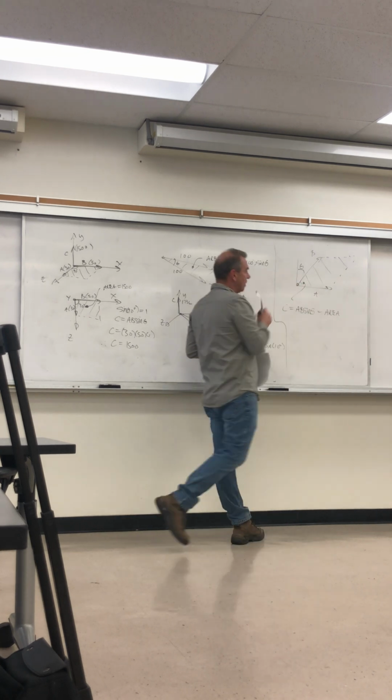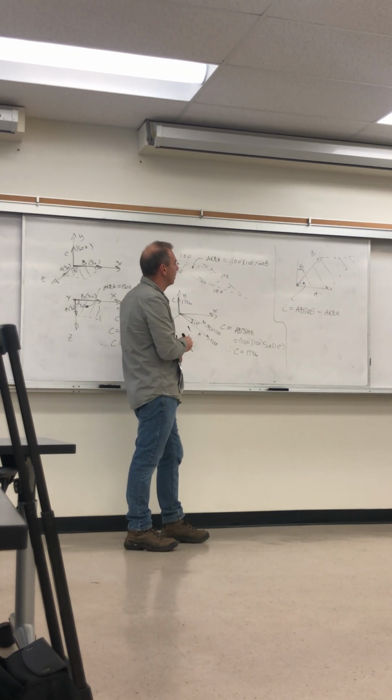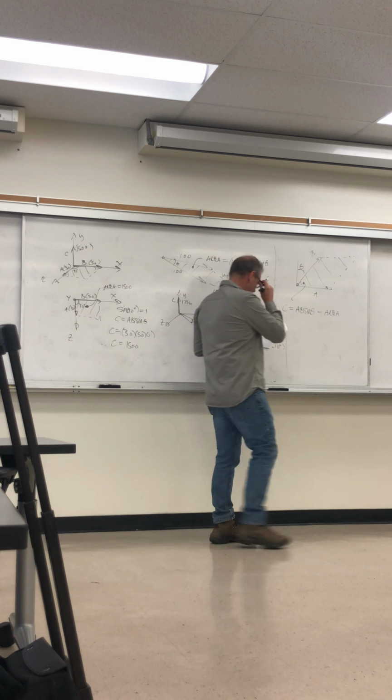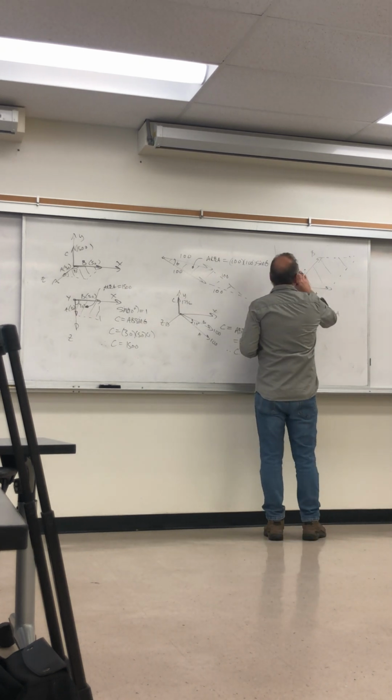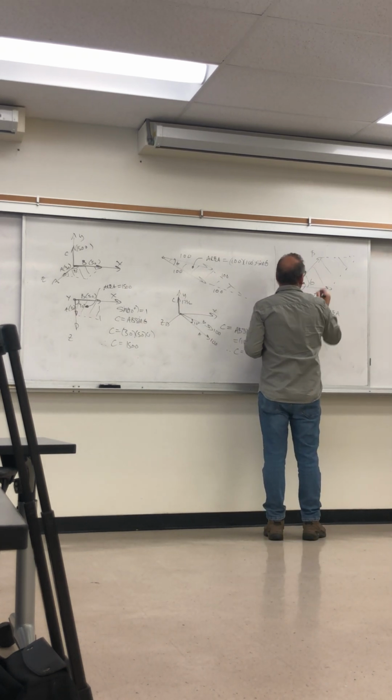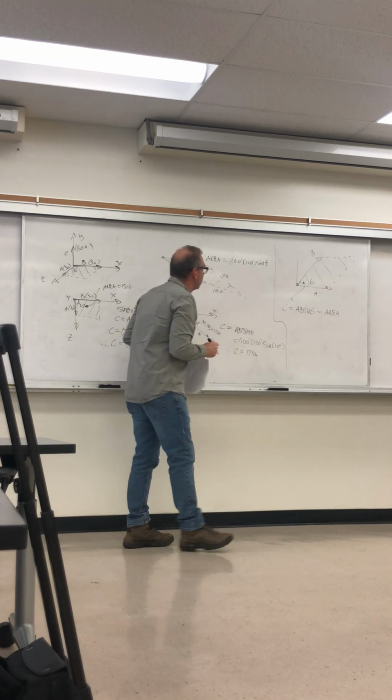So C is AB sine theta, which is the, that's not right. Wrong angle, it's this angle. It's the angle between the vectors.